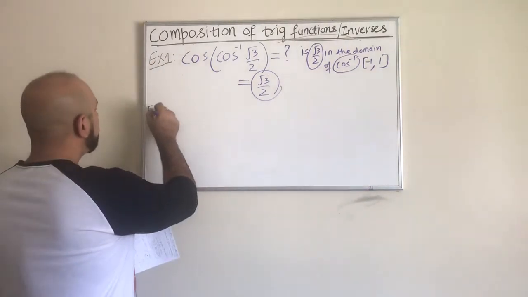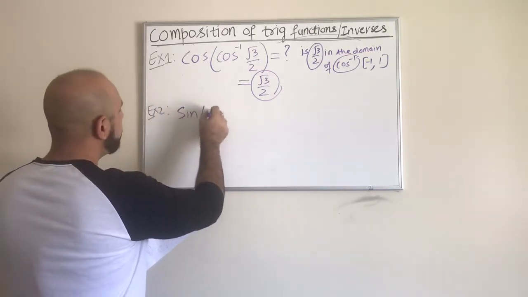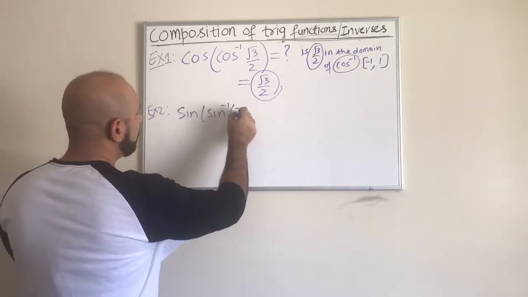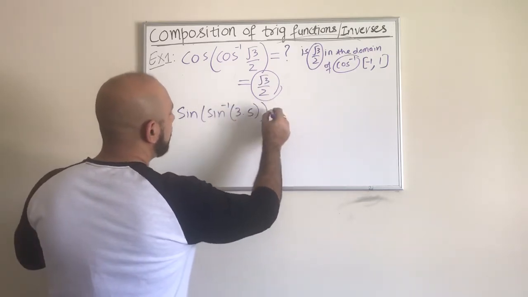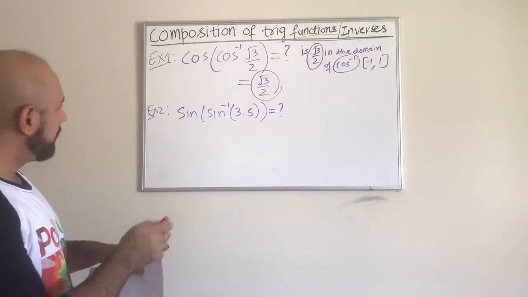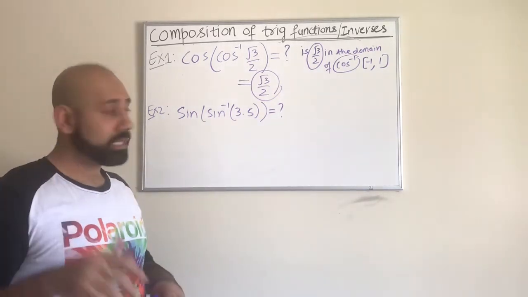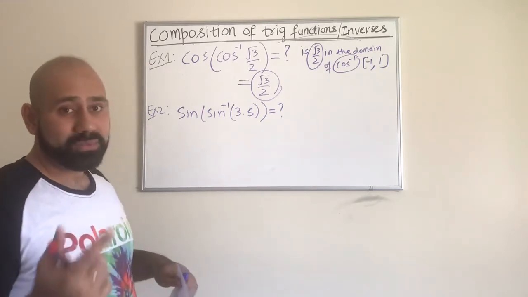Number 2, I have the sine of sine inverse of 3.5, and we want to find the value of this. First of all, sine and sine inverse are inverses of each other, which is good, so it satisfies one of those conditions.